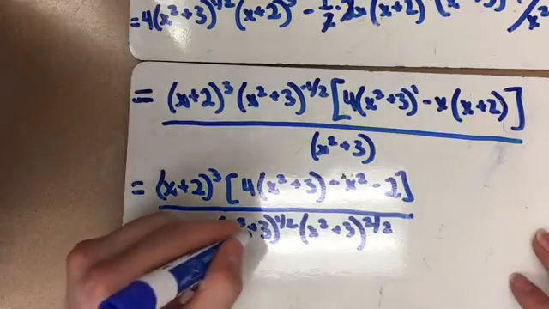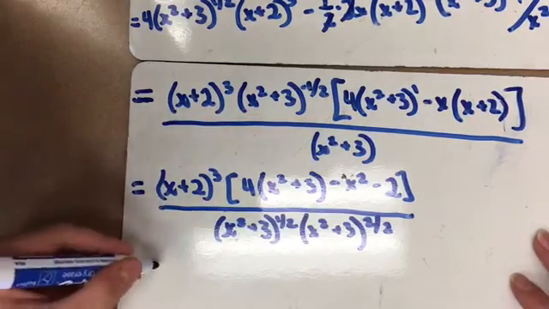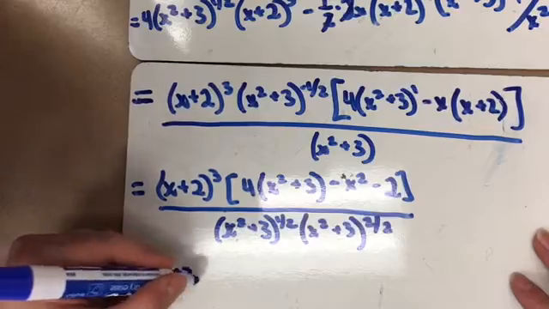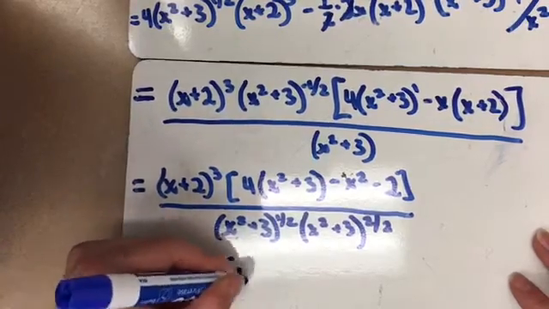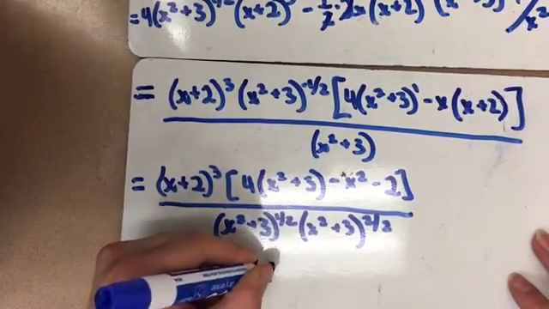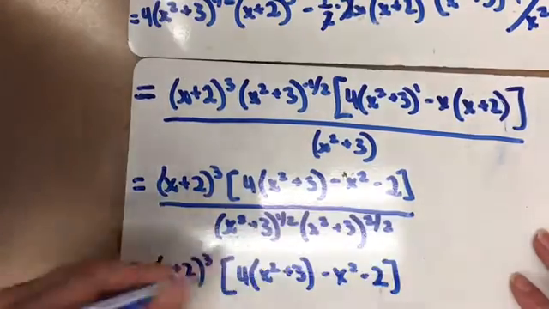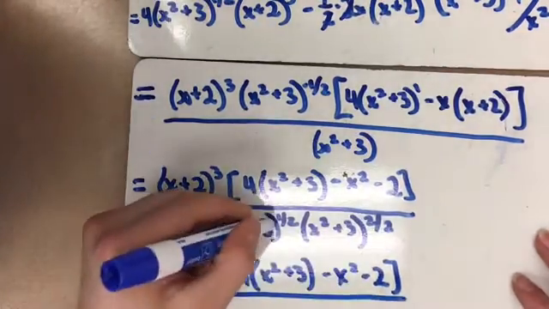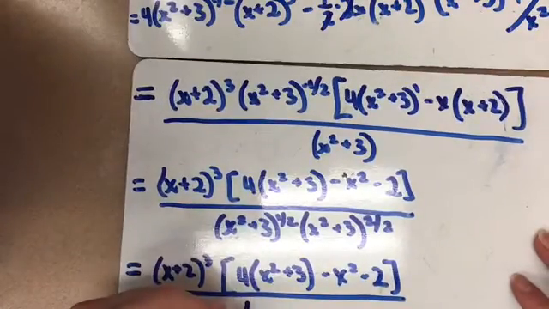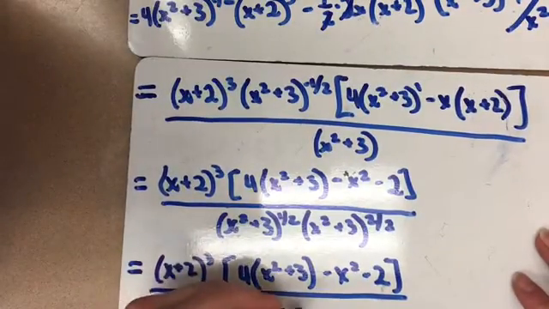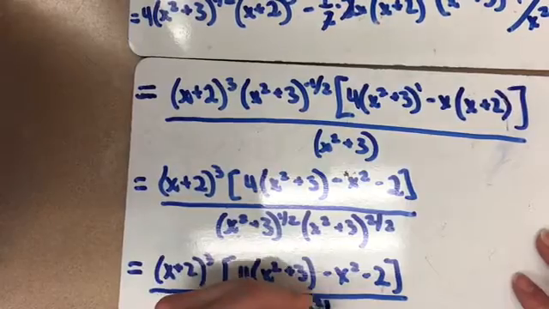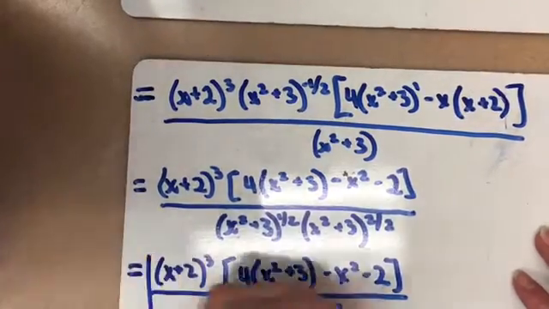And I'm going to rewrite that one more time. So (x plus 2) cubed times 4 times (x squared plus 3) minus x squared minus 2 all over, and if we add the exponents, we have (x squared plus 3) to the 3/2. And that is your final answer.